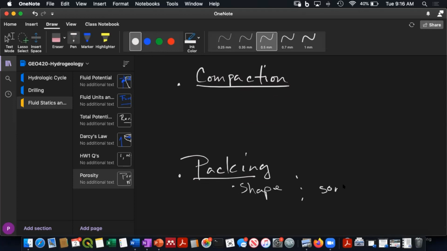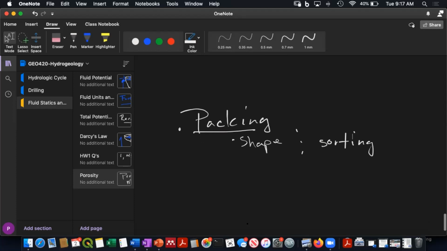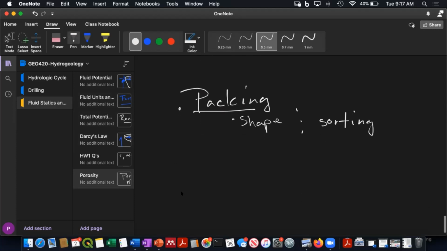Kind of shape and sorting. What else? Any other things you guys think might affect porosity? It's pretty hardcore, but we'll put it in here.